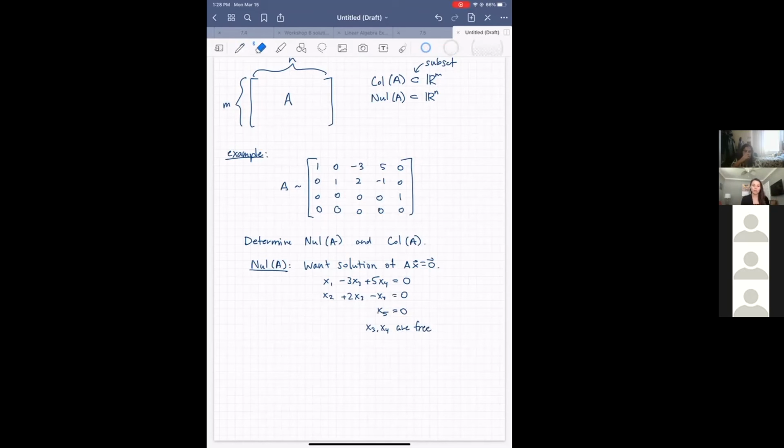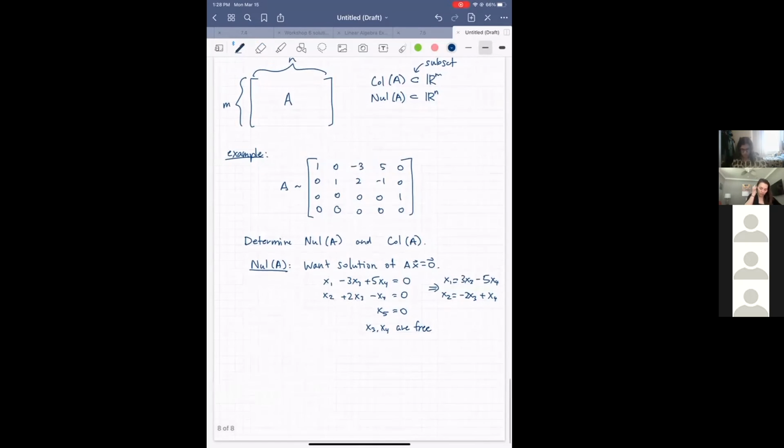And so what we usually do to write down this solution in parametric form is we rewrite X1 and X2 in terms of those free variables, right? So X1 becomes 3 times X3 minus 5 times X4, and X2 is negative 2X3 plus X4, like that.